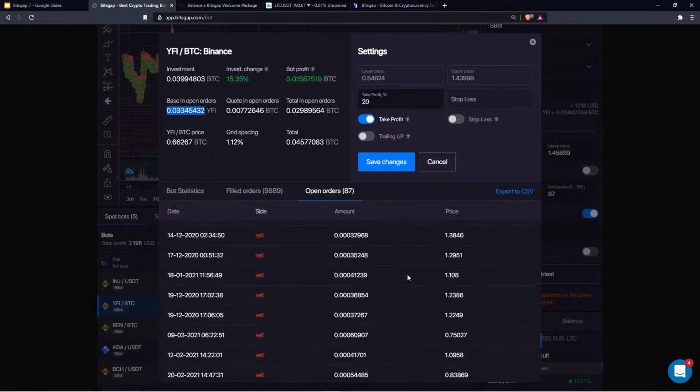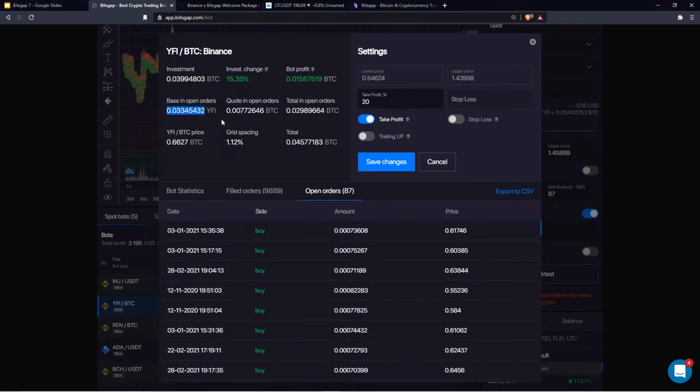So all information is provided here for you, and you know exactly what your current risk exposure is and how much is in the quote currency. Quote currency stands for the volume in your buy orders, and the base currency stands for the volume in your sell orders, because the base currency is what we sell and the quote currency is what we use to buy the base currency, right? So all the metrics are here.